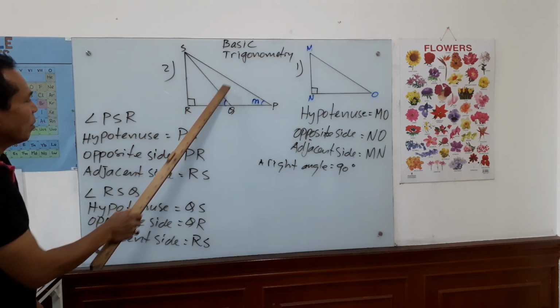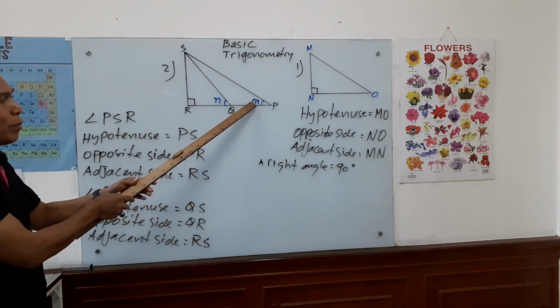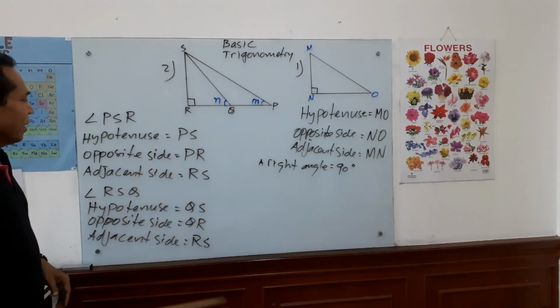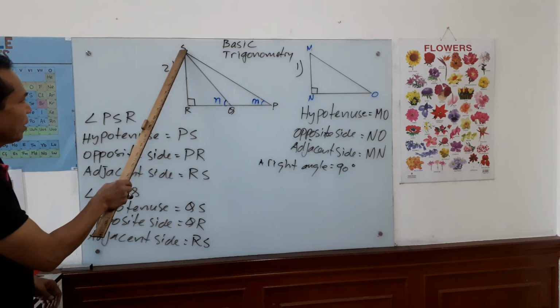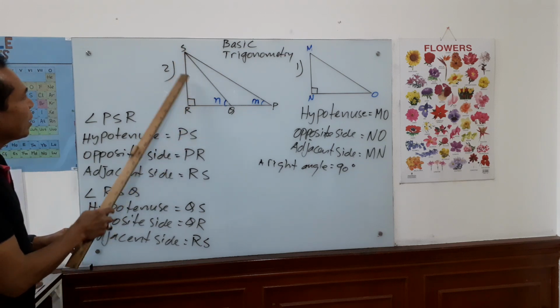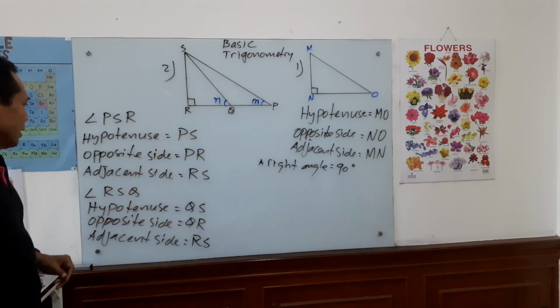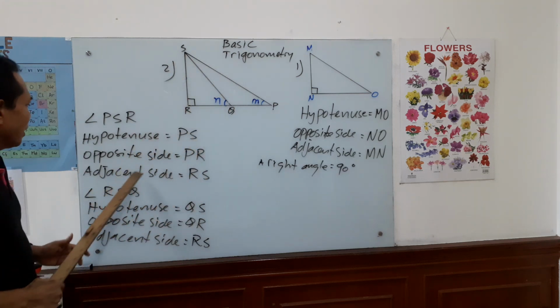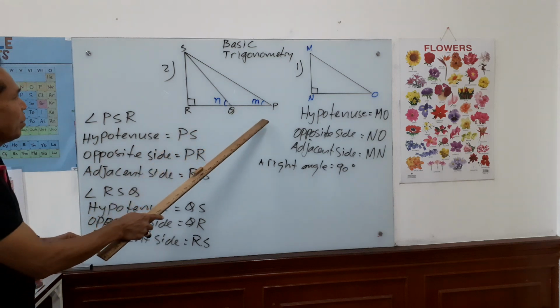This is a little bit different from when we talk about angle M, or angle N. And the adjacent side is RS. This RS is the side near this one and also near that one, side by side with this. It is RS for the adjacent side when we talk about angle PSR.